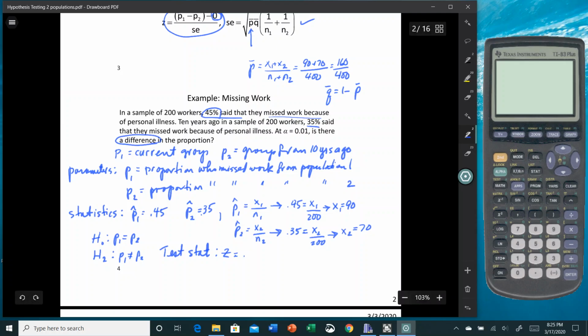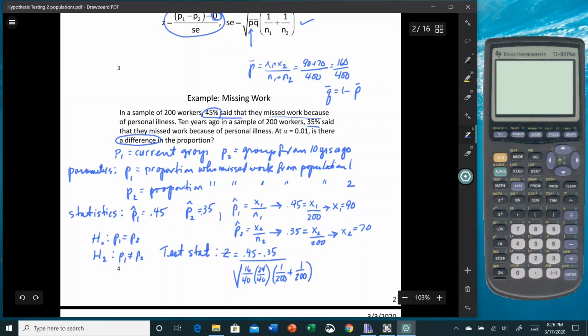So z is going to be P1 hat, which is 0.45, minus P2 hat, which is 0.35, divided by the square root of P overline, which is 160 over 400, which is the same as 16 over 40, times 1 minus 16 over 40, which is 24 over 40, times 1 over 200 plus 1 over 200.